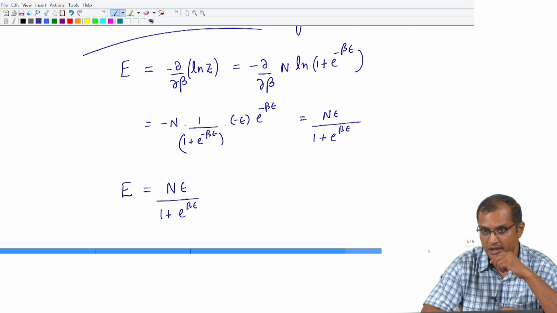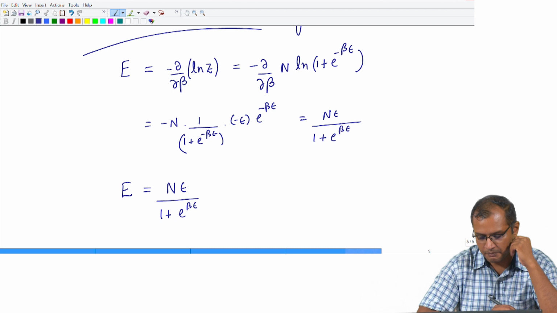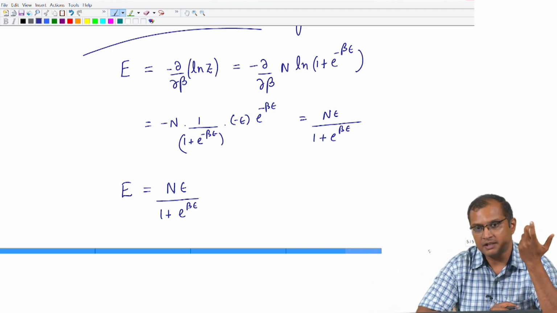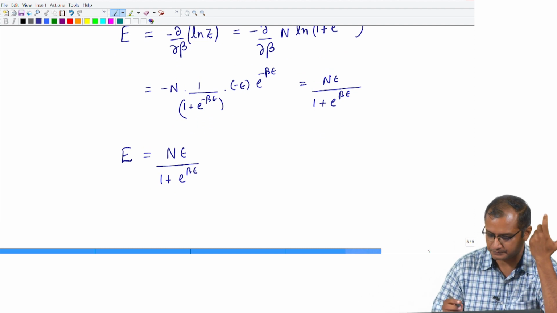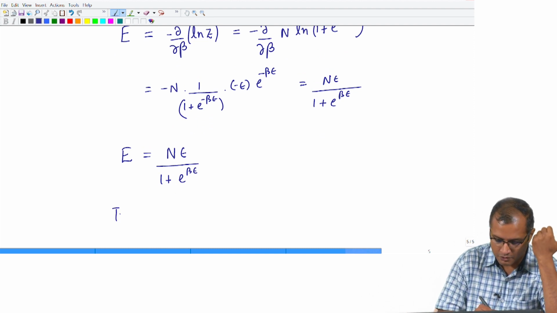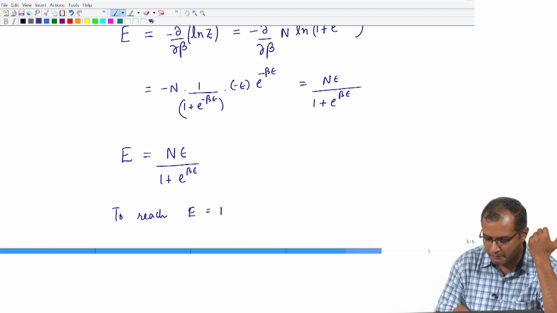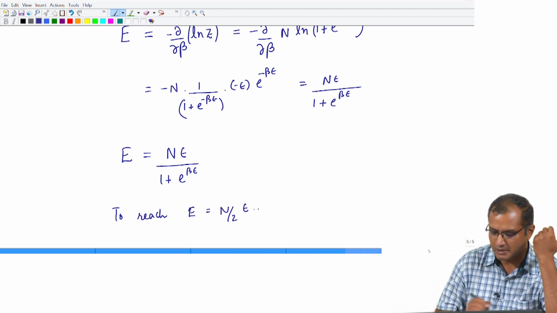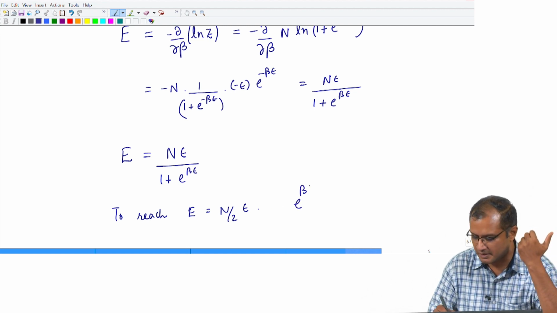As you can see here, to make the energy greater than N by 2, to reach E equals N by 2 epsilon, you have to make e raised to beta epsilon equal to 1.